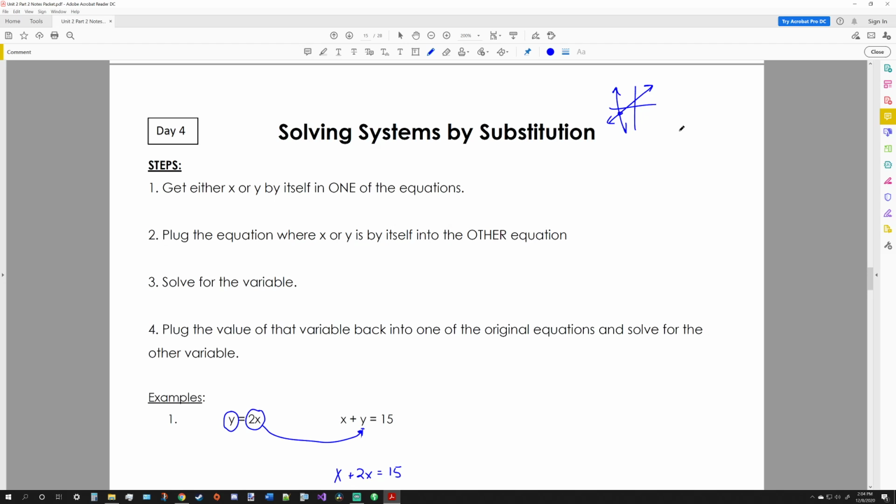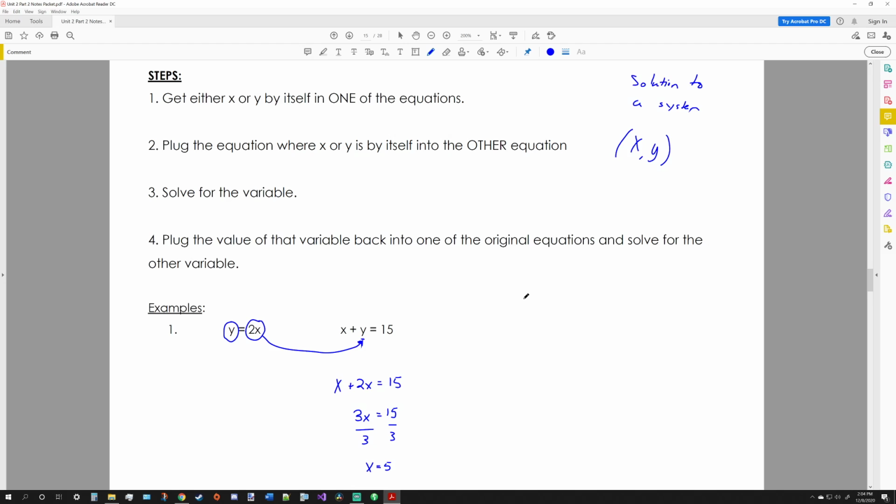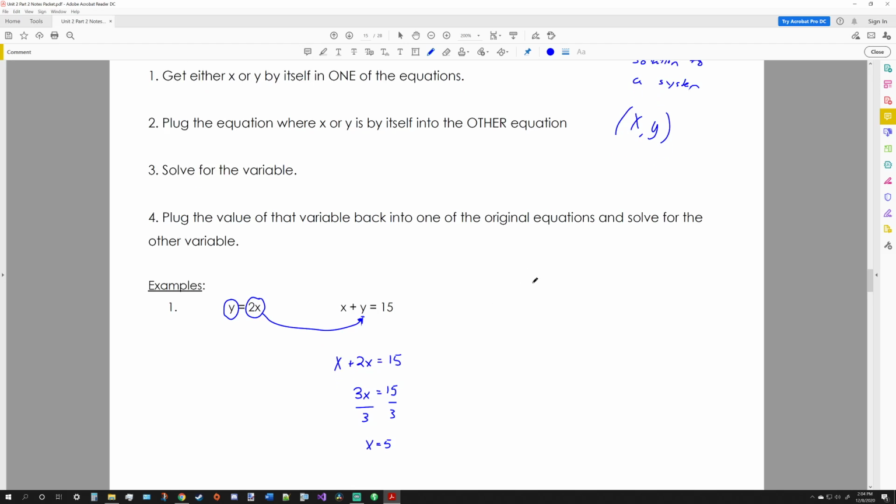So remember that the solution to a system is written as an x, y coordinate point. The fact that I solved for x and have x equals 5 only tells me what x is. I now have to plug it back in to find y.